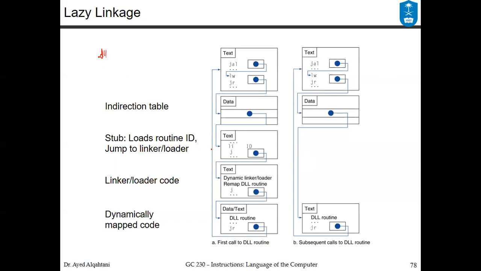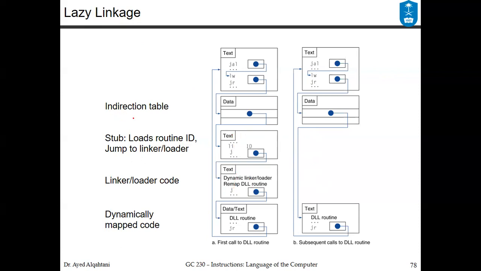Those files use the dynamic linking, and in the first call, there's some work to do. In the subsequent calls, you can take out some parts. And this is what we mean by the lazy linkage, meaning that it's like you are lazy, you don't want to do the full job.